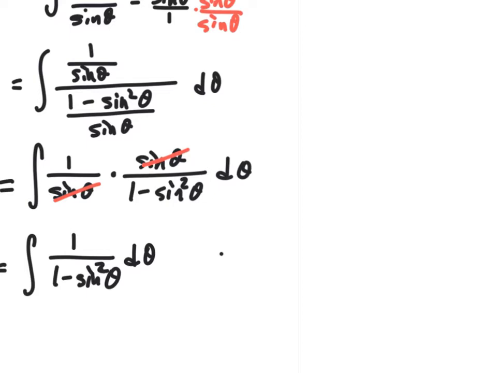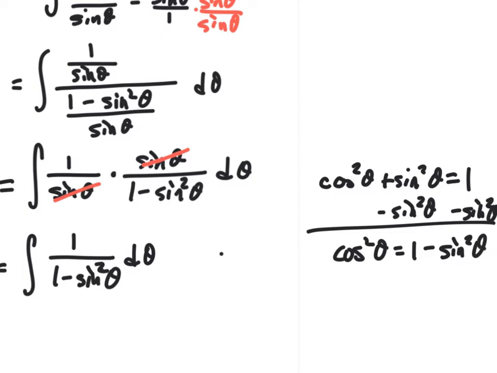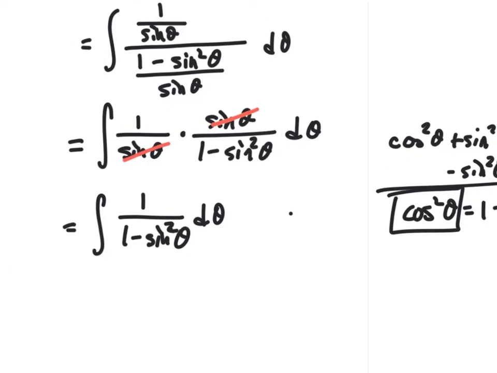Let's rewrite this as cosine squared theta plus sine squared theta is equal to 1. If I subtract sine squared theta, I end up getting what's in my denominator. And so I get cosine squared theta is equal to 1 minus sine squared theta. And so I can replace my denominator with cosine squared theta. So I'm going to go ahead and do that.